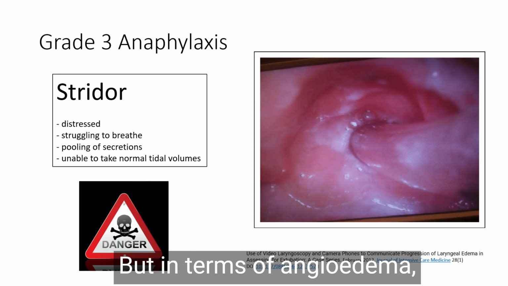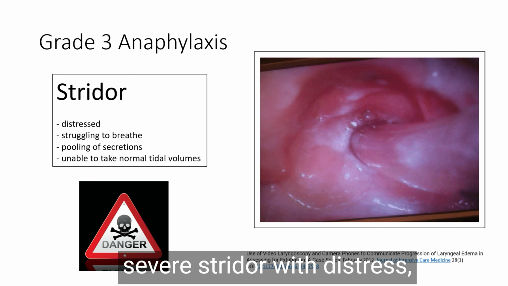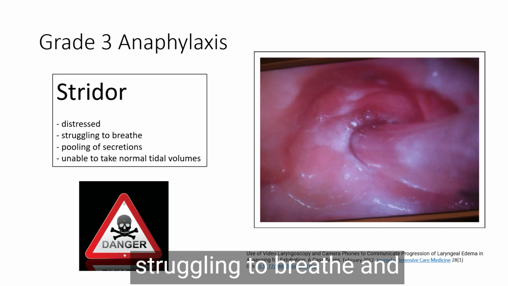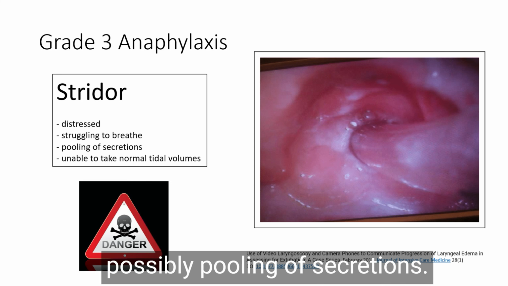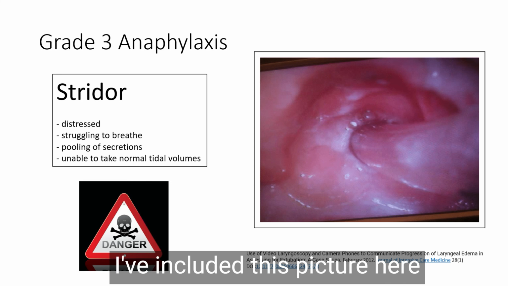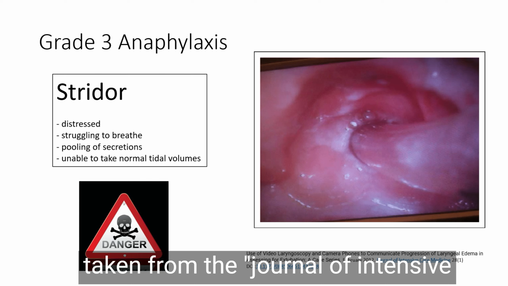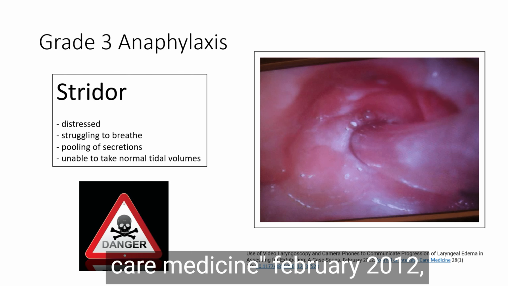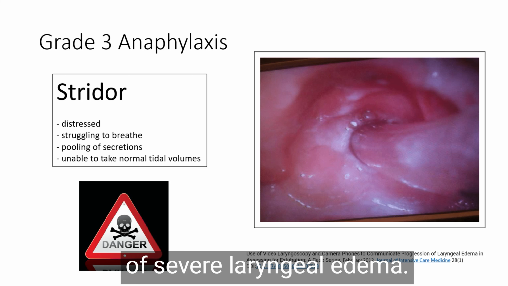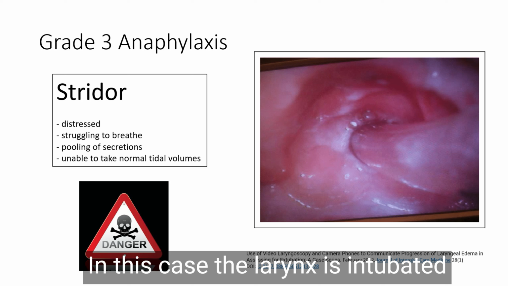But in terms of angioedema, the patient would now have severe stridor with distress, struggling to breathe, and possibly pooling of secretions. I've included this picture here, taken from the Journal of Intensive Care Medicine, February 2012, of severe laryngeal edema. In this case, the larynx is intubated.